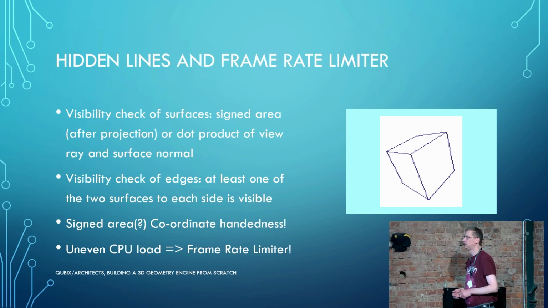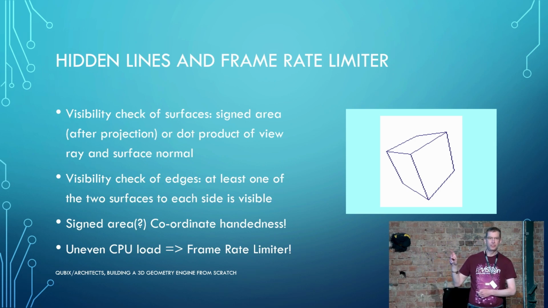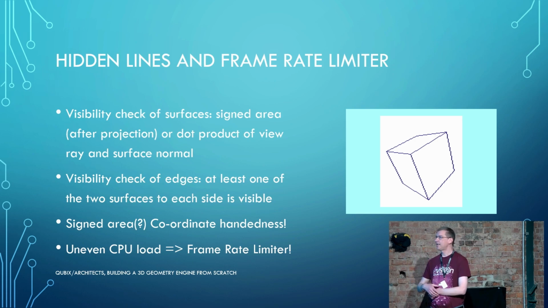And as an example, I take the hidden lines algorithm, and mind you, this is still all using the same geometry engine, and I'm just changing the display method. I add a visibility check of surfaces, and from that I go to the visibility check of the edges.